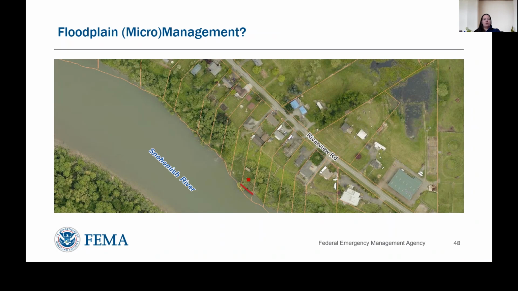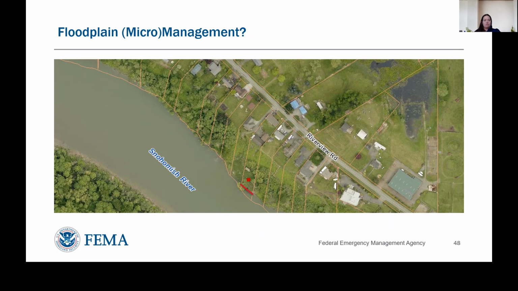And it's hard to really conceptualize and especially to explain why something at that scale, it might be just 50 feet long, it might be a 10 by 10 square foot building, how that's going to affect really the quality and function of habitat on a river the size of the Snohomish.